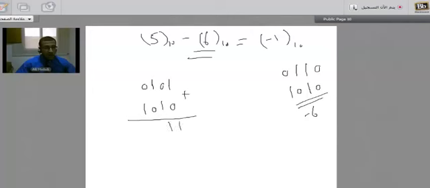You've got 1, 1, 1, 1. By adding 1 plus 0, 0 plus 1, 1 plus 0, 0 plus 1, you get 1, 1, 1, 1. Now notice something. The most left-hand bit here is 1, which means it is negative.